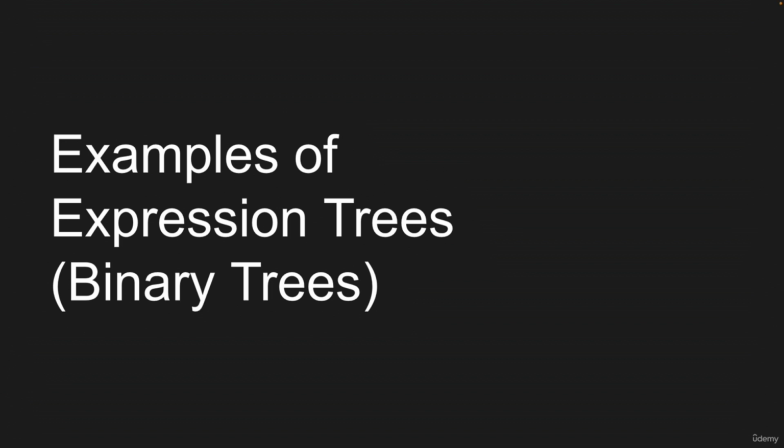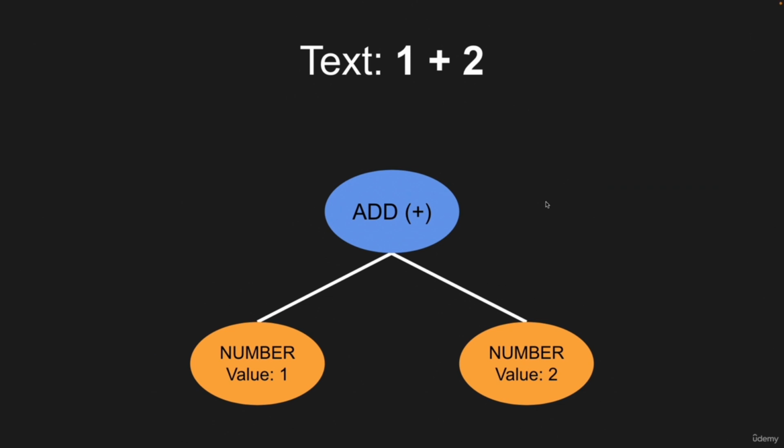So here are some examples of expression trees or binary trees. And so here is 1 plus 2. So we see how we have this tree. There's a parent node. These are called nodes. These nodes are just like individuals, with individual data. So like number and then a value 1. And then here's another node.